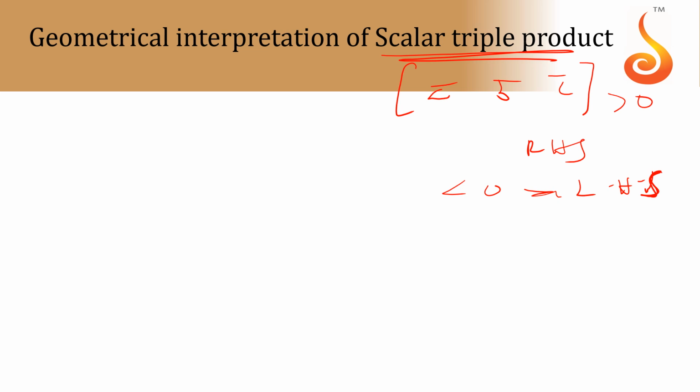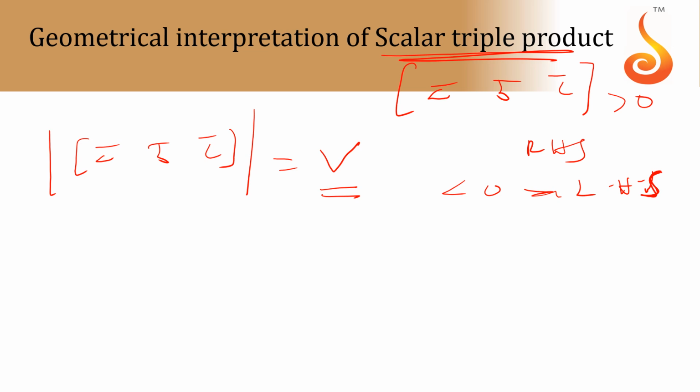Left-hand system, right-hand system. And what this box will give you always: box modulus will give you the volume of the parallelepiped with A bar, B bar, C bar as initial or coterminous edges. Then 1/6 of the modulus of box A bar, B bar, C bar will give you the volume of the tetrahedron with A bar, B bar, C bar as coterminous edges.